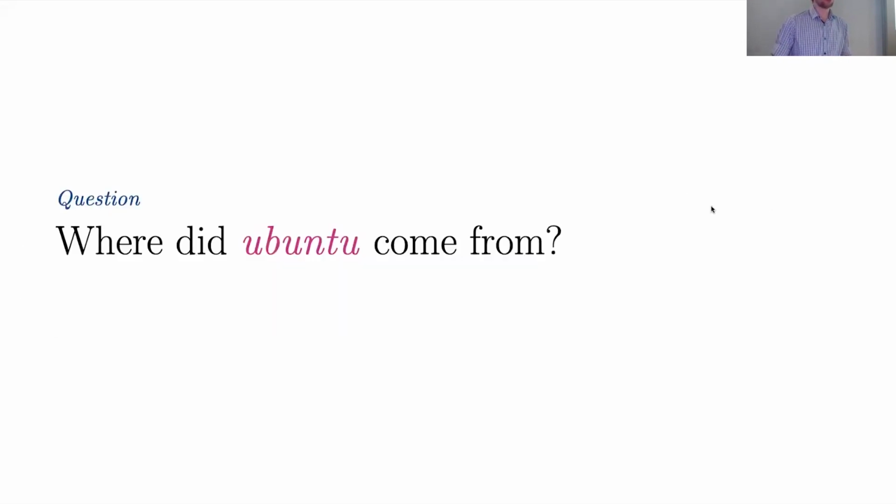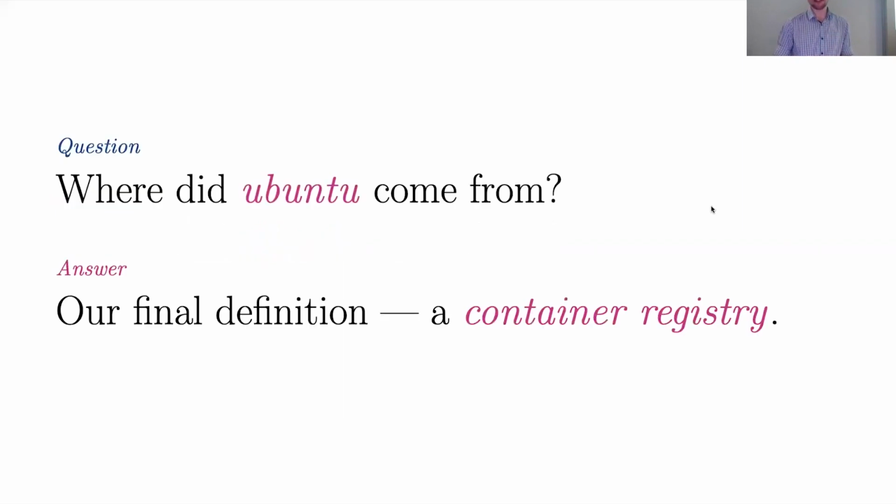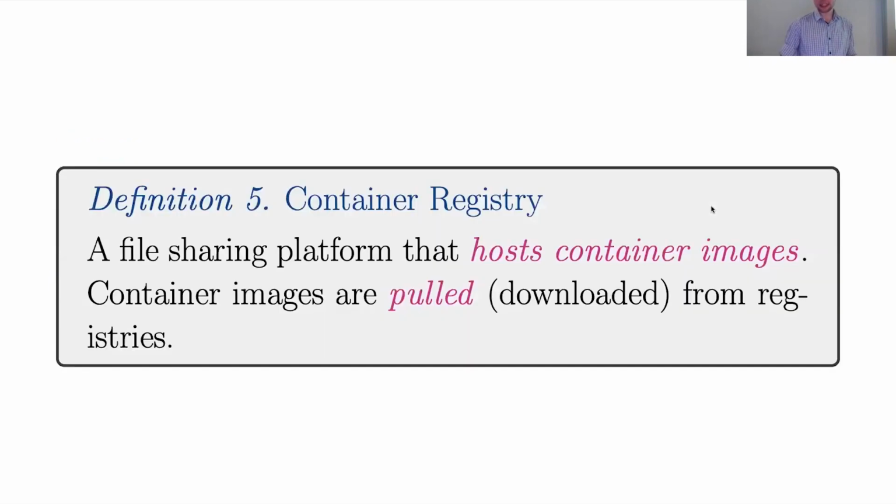So where did our original Ubuntu come from? I'm running a Mac. I do not have Ubuntu sitting somewhere hidden away. Well, technically I do now. But it had to come from somewhere to start with. And that place it comes from is our very final definition, a container registry. A container registry, definition 5, is a file sharing platform that hosts all of these container images.